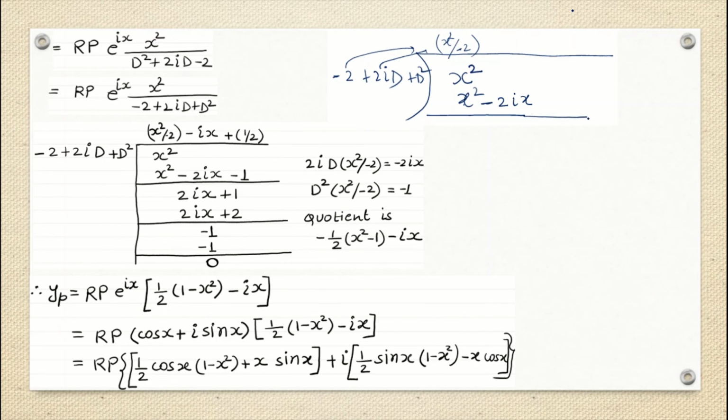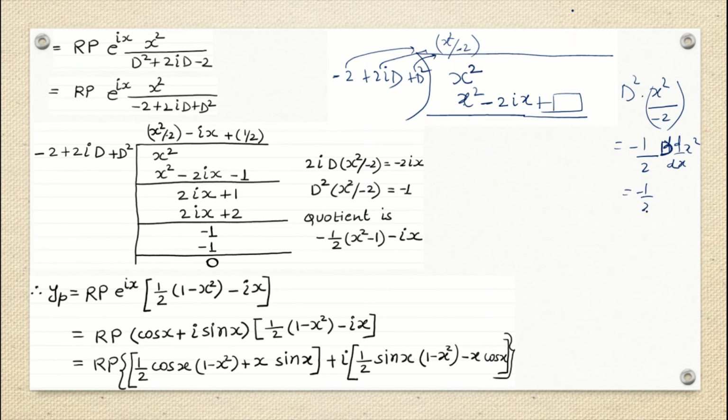Fine. Now next what I have to do? I have to perform d square of x square by minus 2. And whatever I'll get, I'll write down here. Fine. So I'm finding out what is d square of x square by minus 2. So I'll keep out minus 1 by 2, and this is d by dx of x square, correct? So what does it mean?